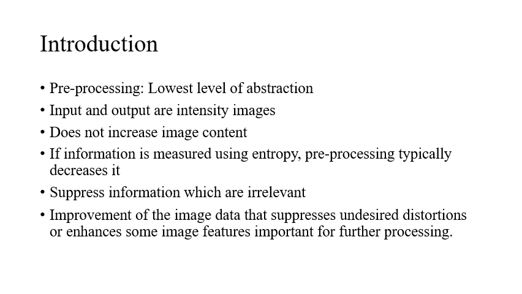When I say information is reduced, what is irrelevant is reduced. That is, it suppresses the information which is irrelevant. The aim of image preprocessing is to improve the image data, so that it suppresses some undesired distortions, or enhances some image features that are important for further processing.